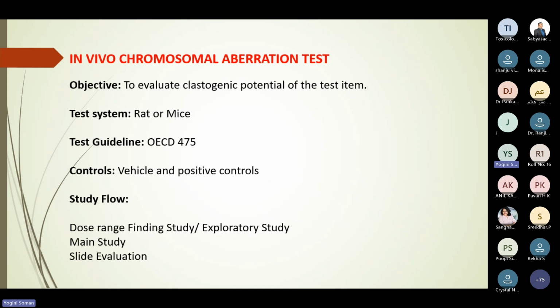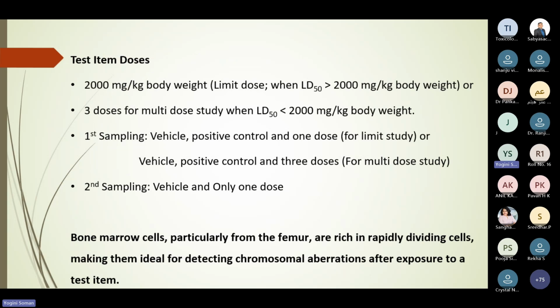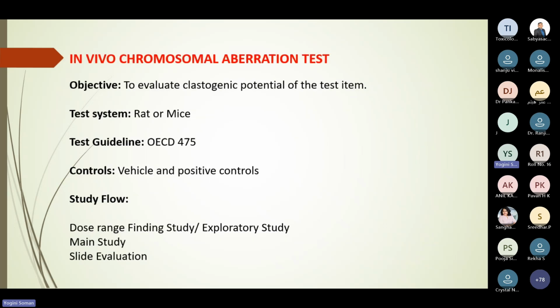After the dose range finding study, based on the clinical signs, the mortality and percent cytotoxicity, you get the doses for the main study.